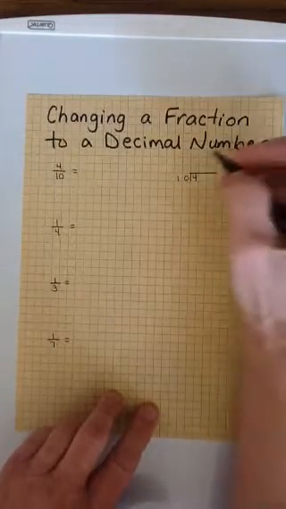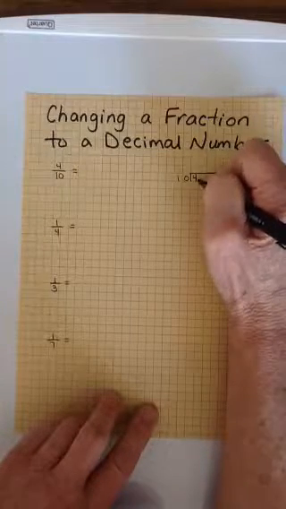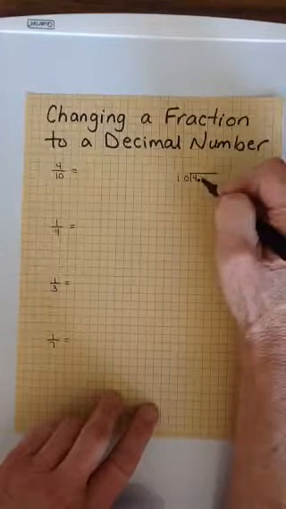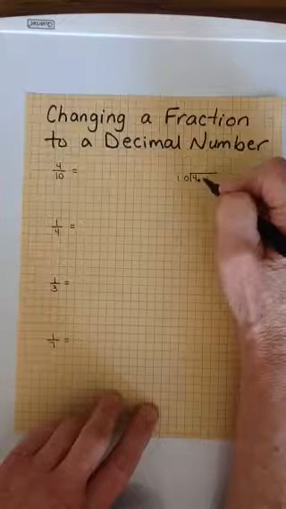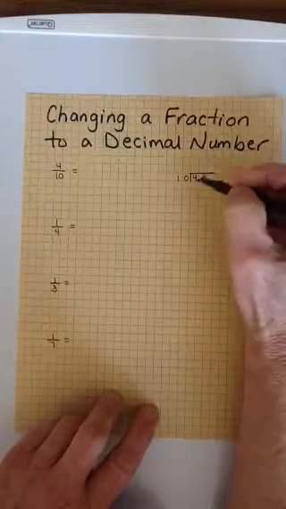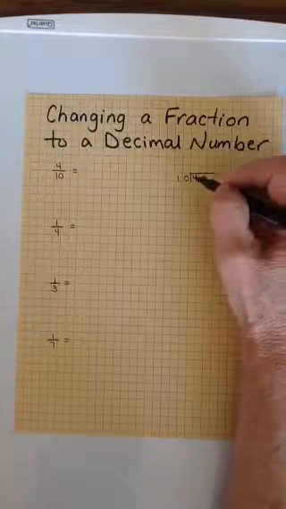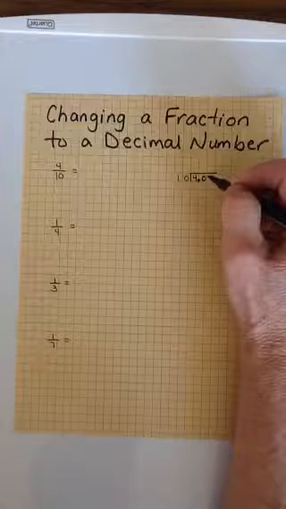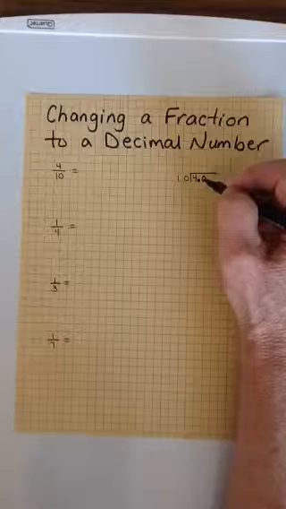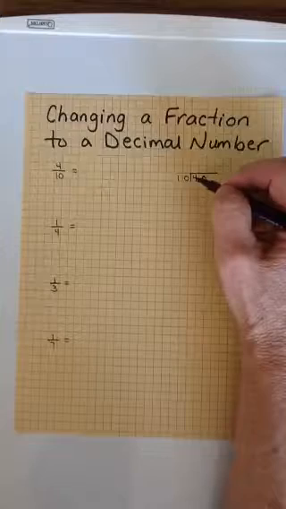The way to handle that situation is to add a decimal point after the whole number that's inside the box, and then once that decimal point is in place, we can add as many zeros as we want after the decimal point and not change the amount 4. The amount 4 has to stay 4 inside the box. We can't just tack on another 0 without the decimal point, because then we would have the number 40, and 40 is not the same amount as 4.